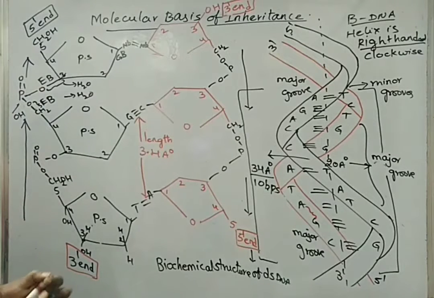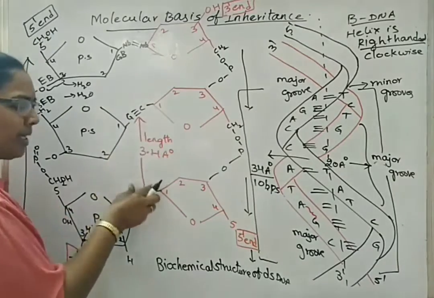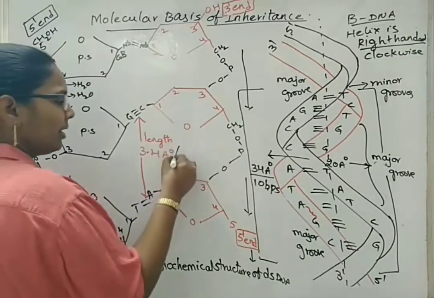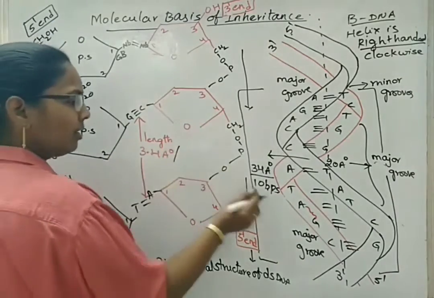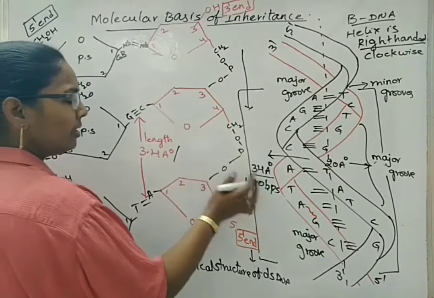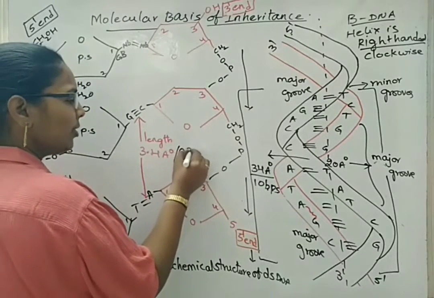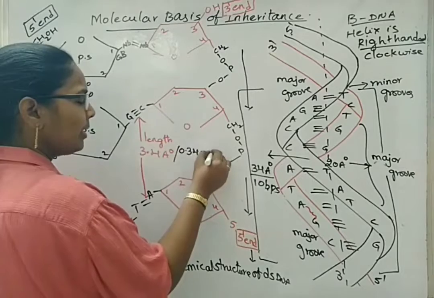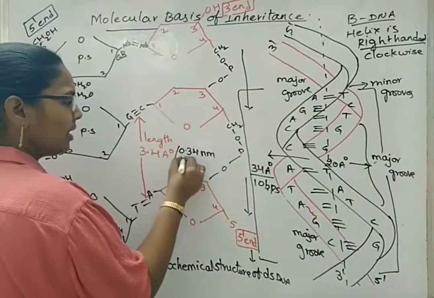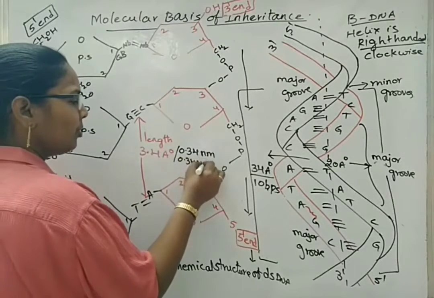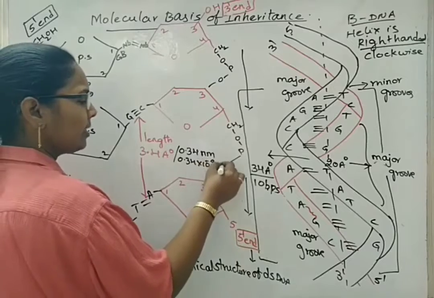The length between two nucleotides, or between two nitrogen bases, is 3.4 angstroms, or, as we have written just before in nanometers, 0.34 nanometers or 0.34 into 10 power minus 9 meters.